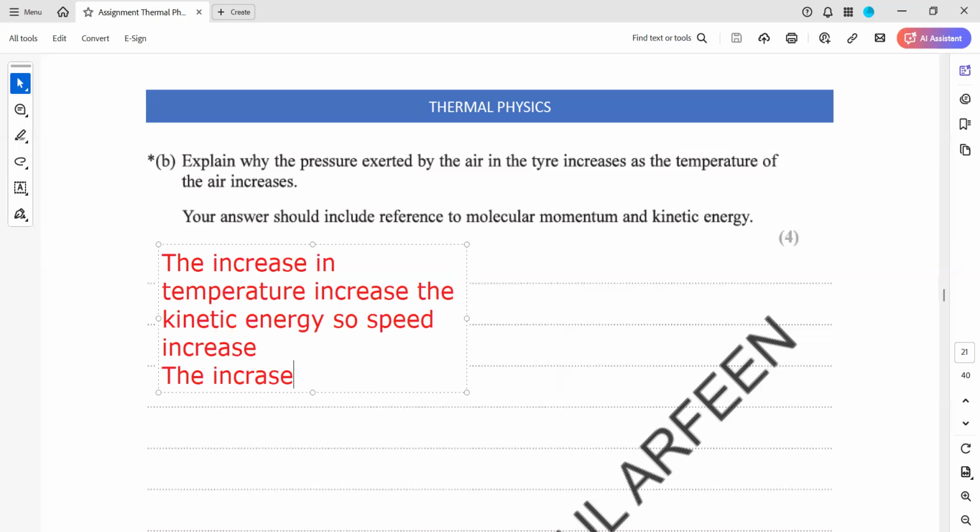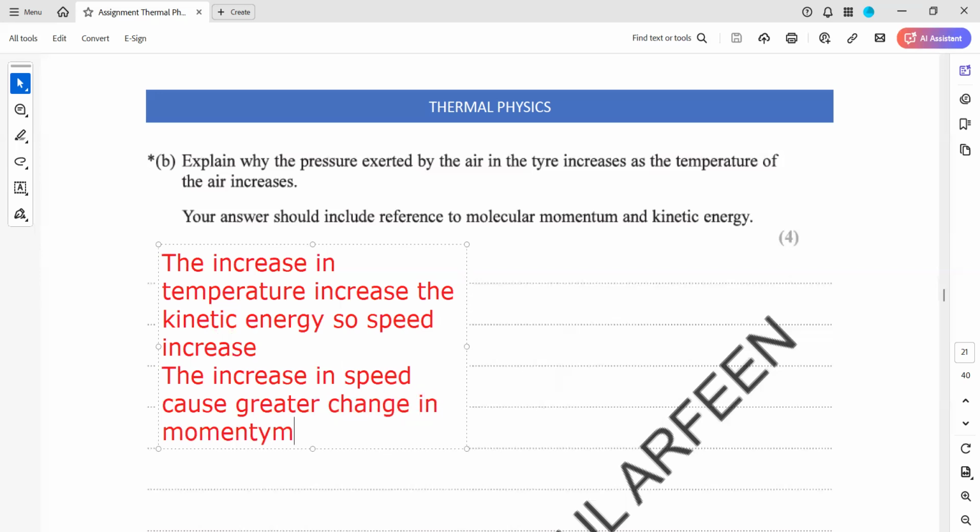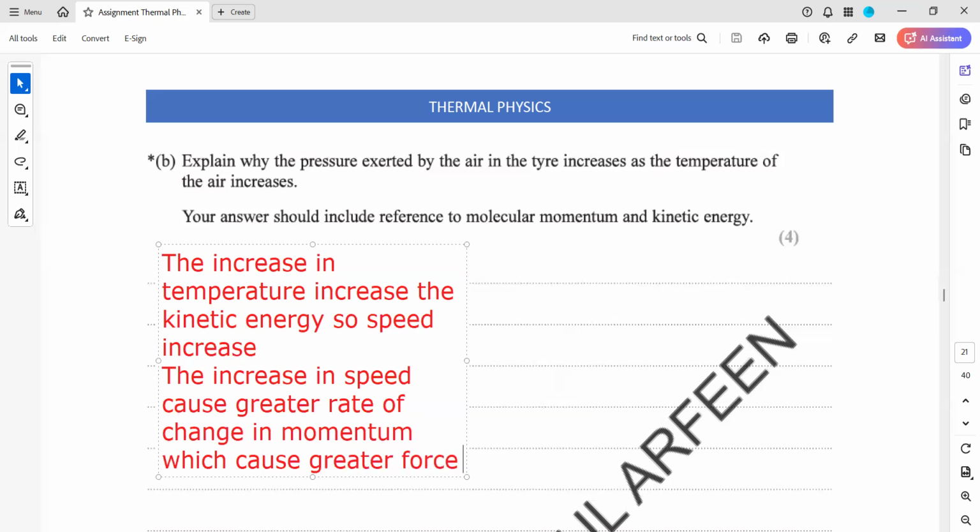The increase in speed causes a greater rate of change in momentum, which causes a greater force on the wall per unit area, creating a large pressure.